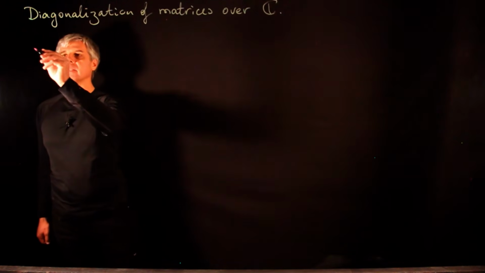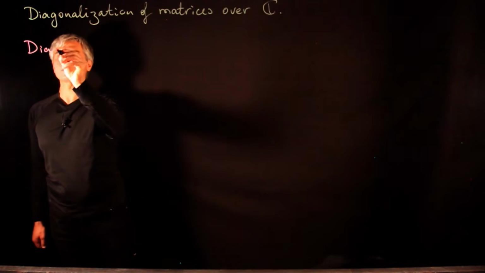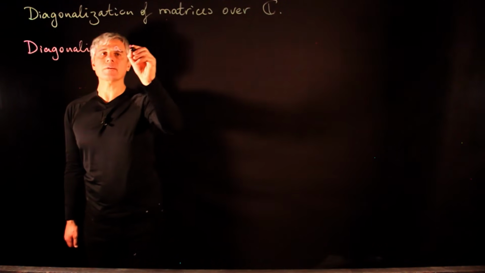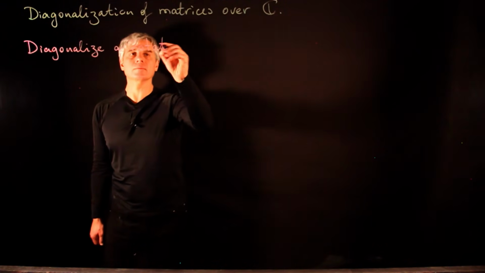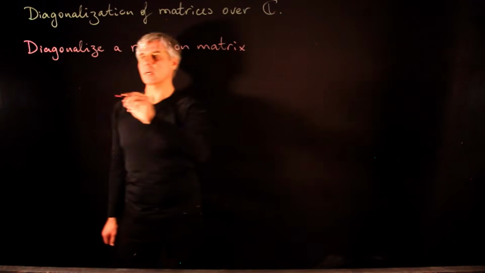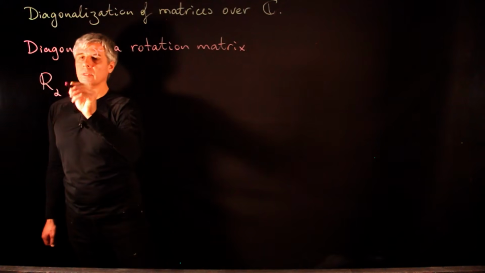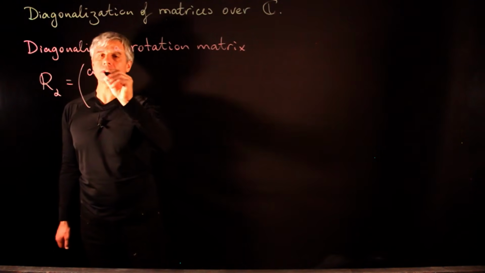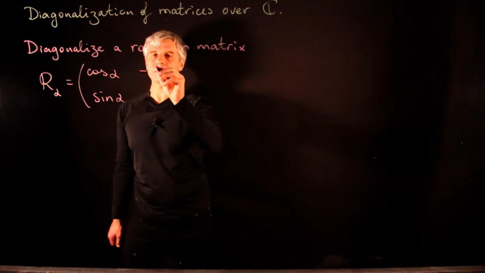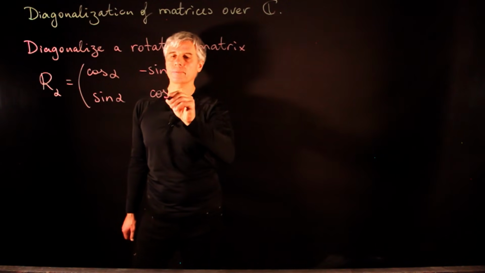As another example, let us diagonalize a rotation matrix R alpha, which is (cos alpha, sin alpha; −sin alpha, cos alpha).